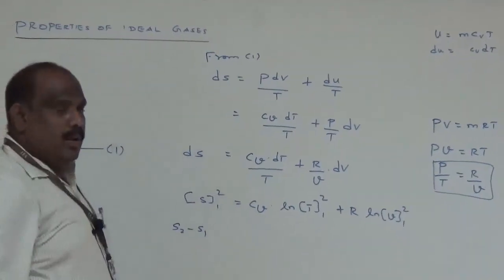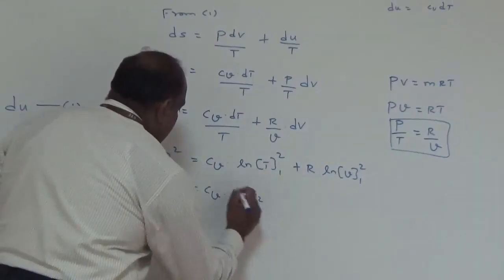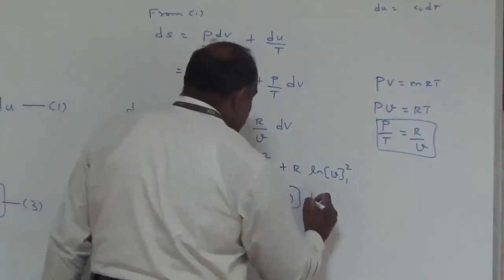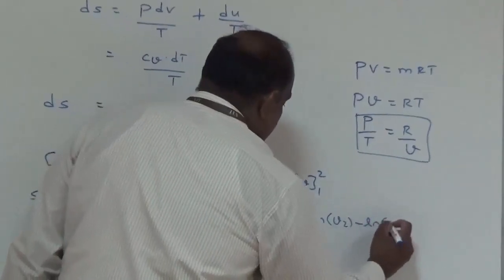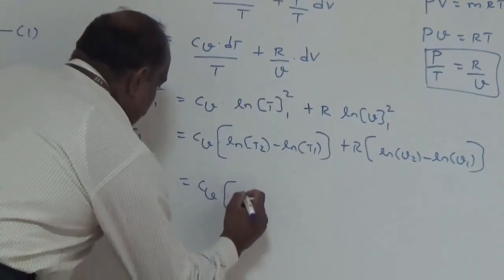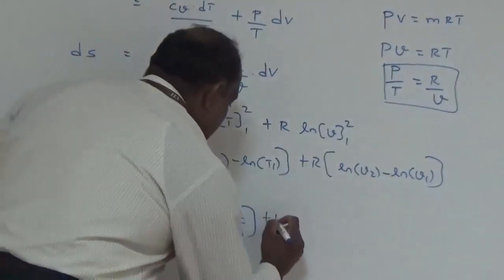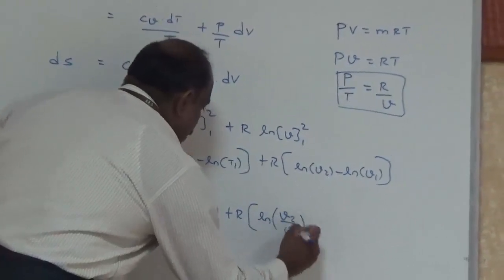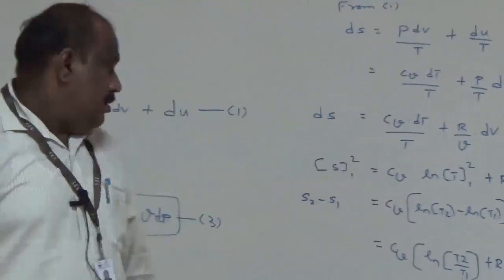Applying the upper limit minus the lower limit, it equals Cv into ln of T2 minus ln of T1 plus R into ln of v2 minus ln of v1. So it is nothing but Cv into ln of T2 by T1 plus R into ln of v2 by v1, because you know that log A minus log B will be equal to log A by B. So based on that we derive this formula.